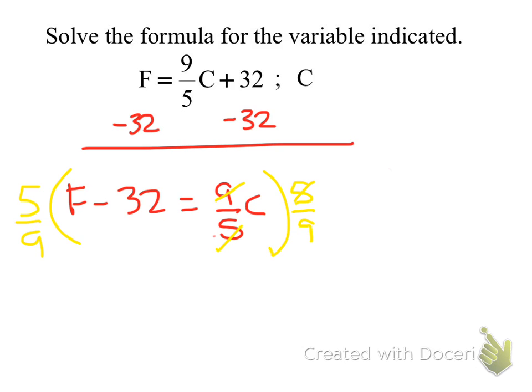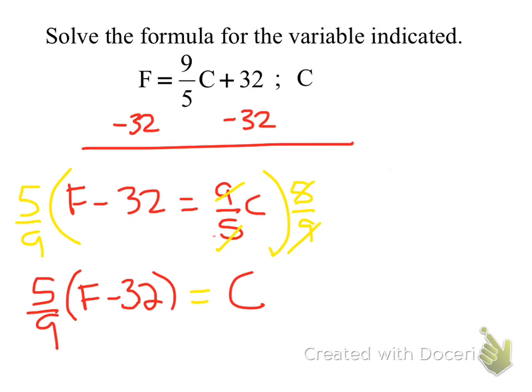Over here, we're canceling out what's left, C. But over here, look what I'm going to do, guys. 5/9 times F minus 32. I can just leave it like that. I don't have to do anything more as long as I get the C alone.